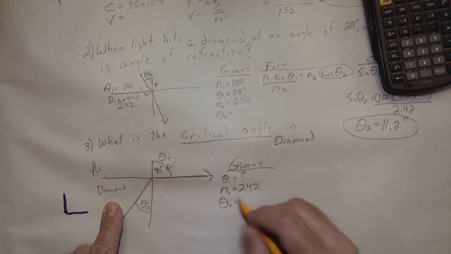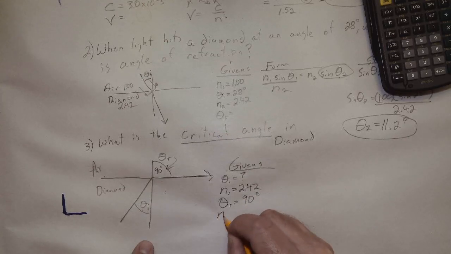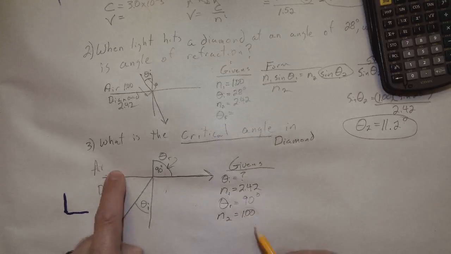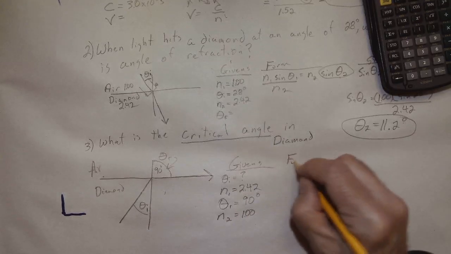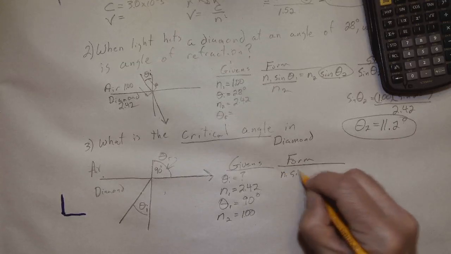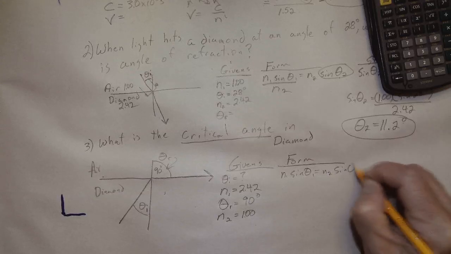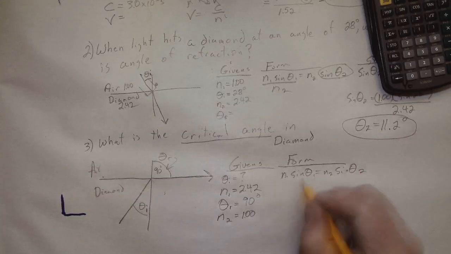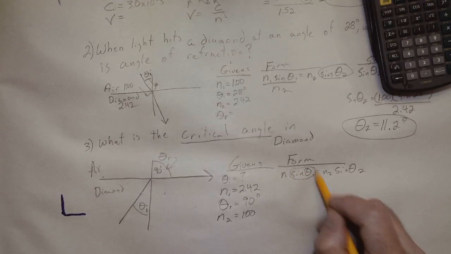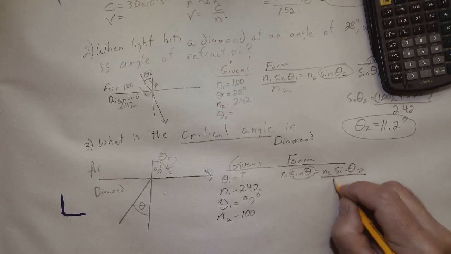Theta R equals 90 degrees, and N2 equals 1.00, because it's air. And so look at the formula: n1 sine theta 1 equals n2 sine theta 2. Solve this for this thing right here by just dividing n2 sine theta 2 by n1.